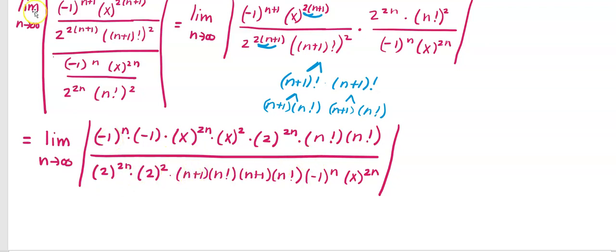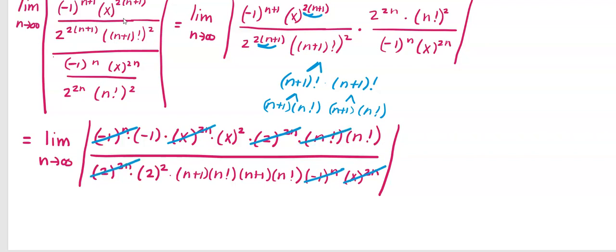Now we're going to do some simplification, and anything that cancels in the numerator and the denominator, we're going to cross out. I have a negative 1 to the nth that will cancel, an x to the 2n that will cancel, and a 2 to the 2n that will cancel.